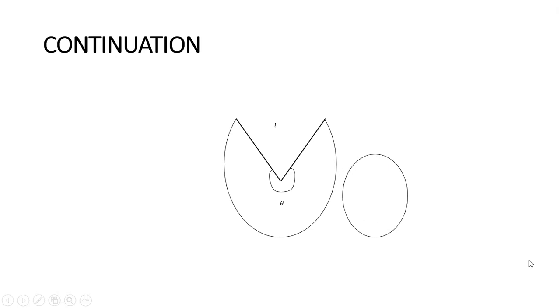So when you equate that, some things will cancel out. 2 will cancel out, pi will cancel out. Then we have theta over 360 degrees times L, the slant height, equal to the radius. So theta over 360 degrees will be equal to r divided by L, the radius over the slant height.